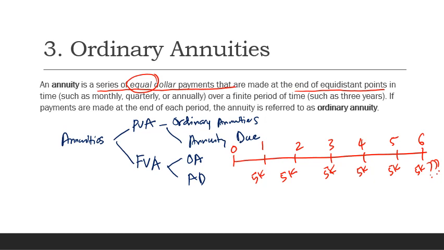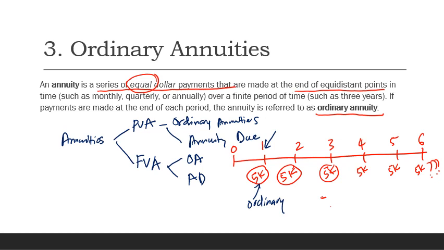This is an annuity because it's a series of payments, and this is an ordinary annuity because payments are made at the end of each period. It means that at period 0, the payment will be made at the end of period 0, or at the beginning of year 1. So this is ordinary.